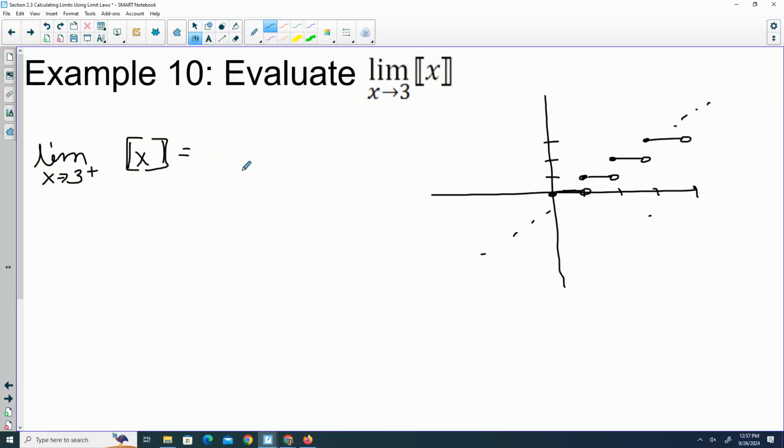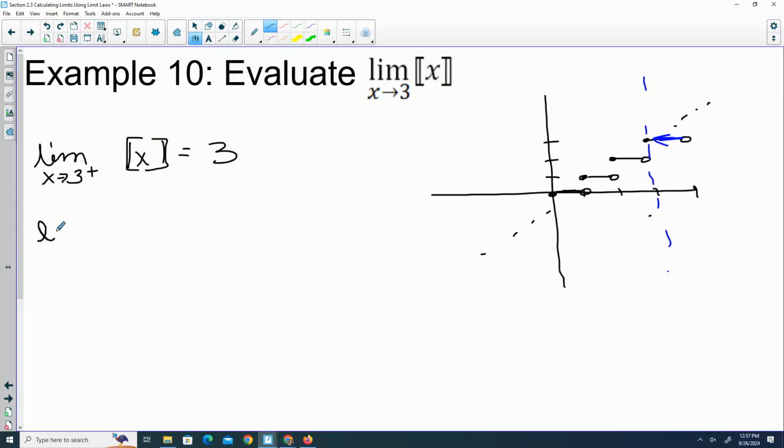If you put in a number bigger than 3, so if I'm putting in 3.1, what do I get out? 3. If I put in 3.01, I'm getting out 3. If I put in 3.001, I'm getting out 3. So this is equal to 3 as I am approaching x equals 3. x equals 3 is right here. As I'm coming in from the right, I'm getting out 3 because I'm on this step.